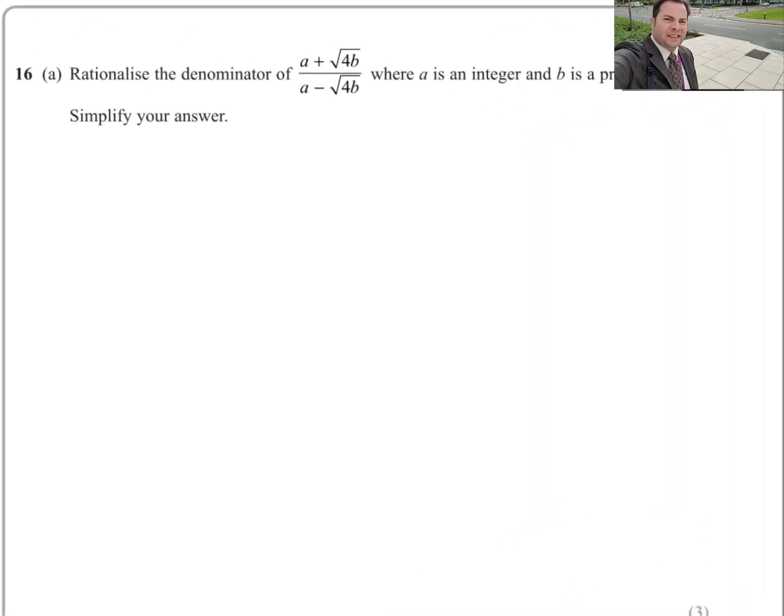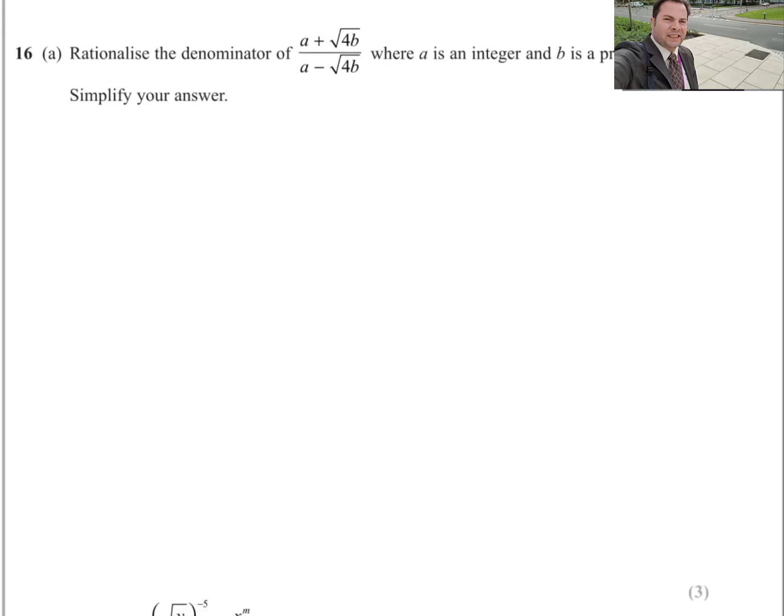Question number 16, part A, rationalize the denominator. When I ask to rationalize the denominator, this means multiply by the conjugate.